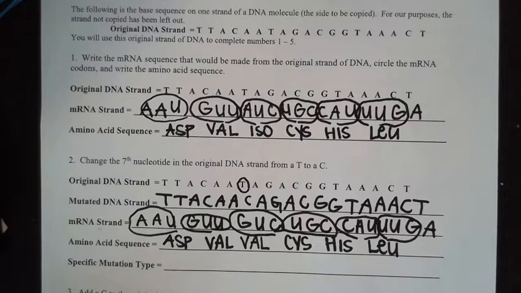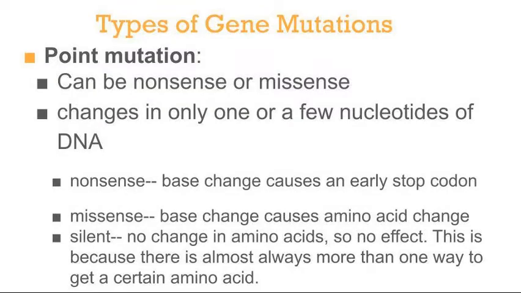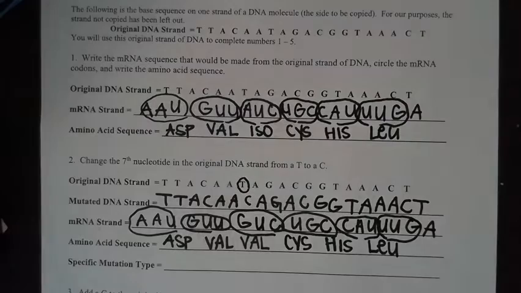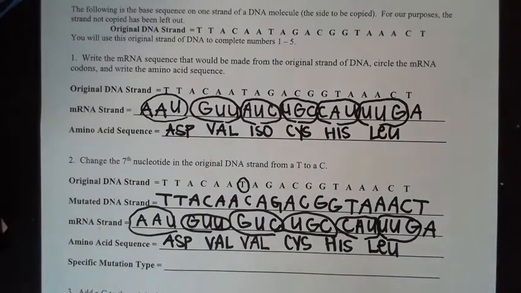Okay, so looking at what we talked about yesterday, and you have notes on your paper, but I'm also going to throw up a picture here. You see that when we have a one base change, that's going to cause a change in amino acids.